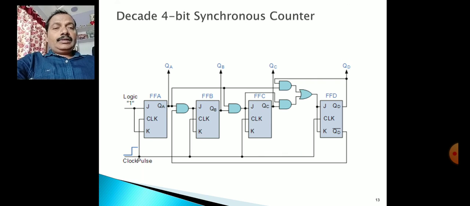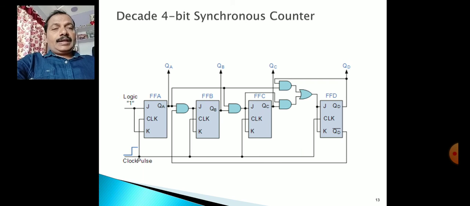Observe here, JK equals Qa only, Qa and Qd bar. These are the design equations, but you have to learn only the asynchronous decade counter.